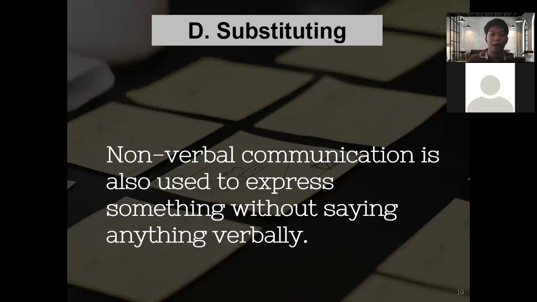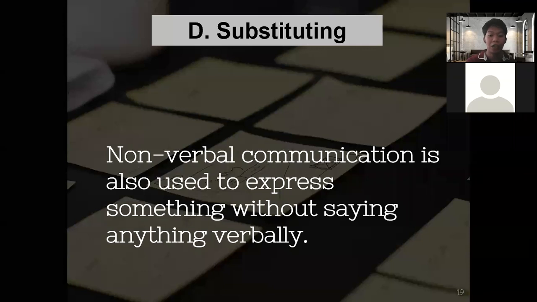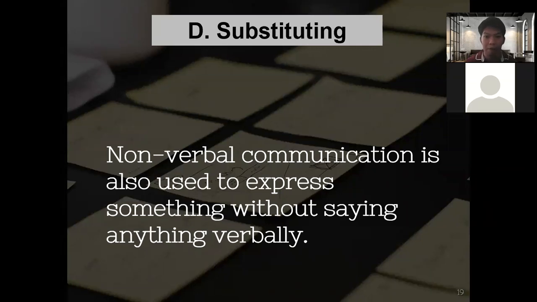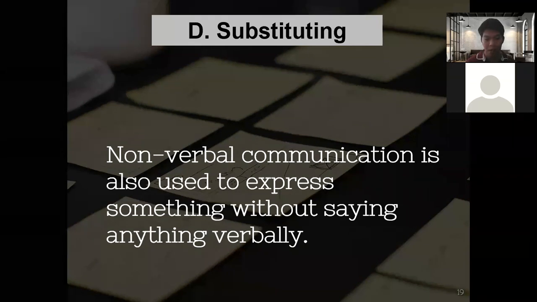We just point our finger to the direction or to the location that is being asked for. Or we just use our lips to point. We just use our fingers or our lips in order to point the direction. That's a form of substituting.